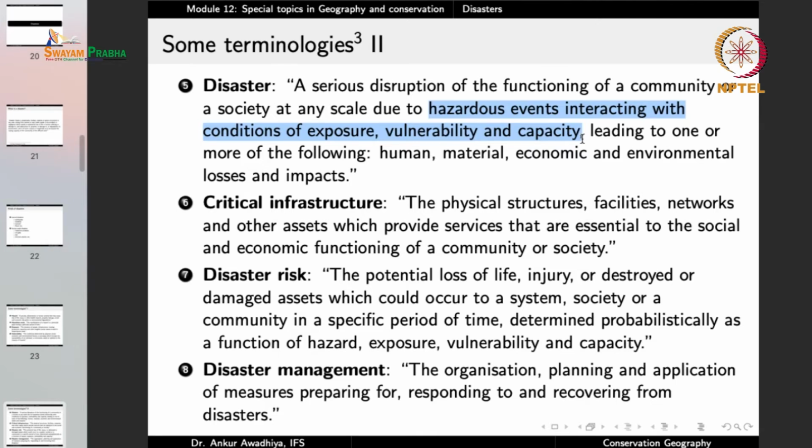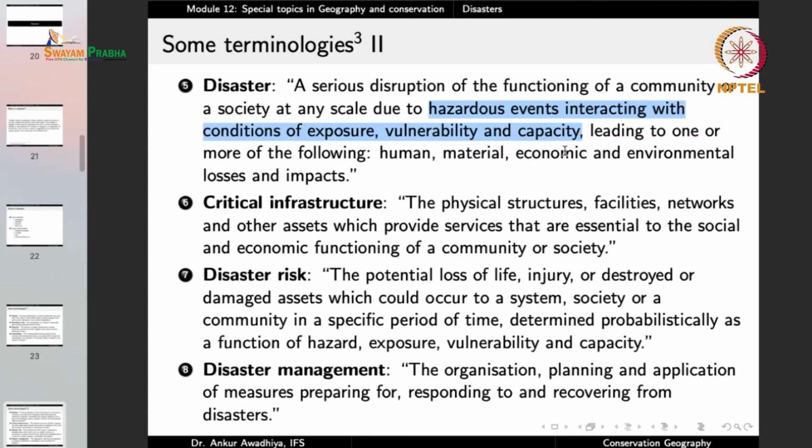Another way of saying the same thing, but in this case we are emphasizing that if there are hazardous events, now hazardous events are the manifestation of the hazard. So the hazard has actually happened, but you also have a condition of exposure, vulnerability and a reduced capacity of the community to cope, then you will have a disaster.